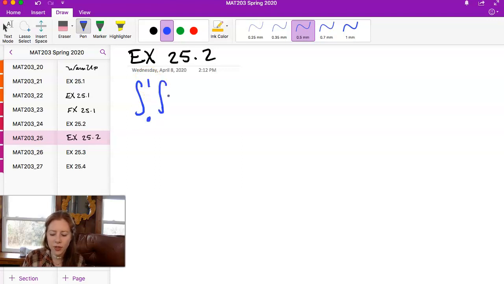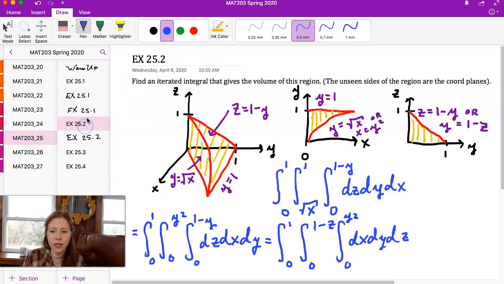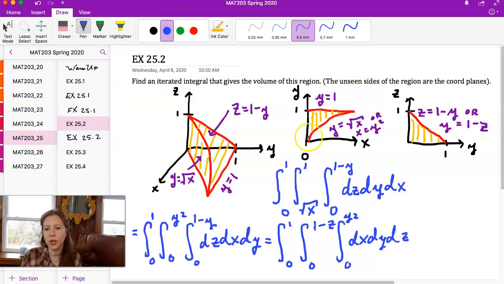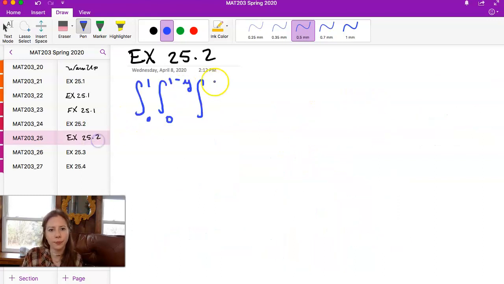And then let's do dz next. So it's going to be dz in terms of y, once again, which is going to be from 0 to 1 minus y. And then finally, let's do dx, which is going to be from 0 to y squared. And so that was dx, dz, dy.